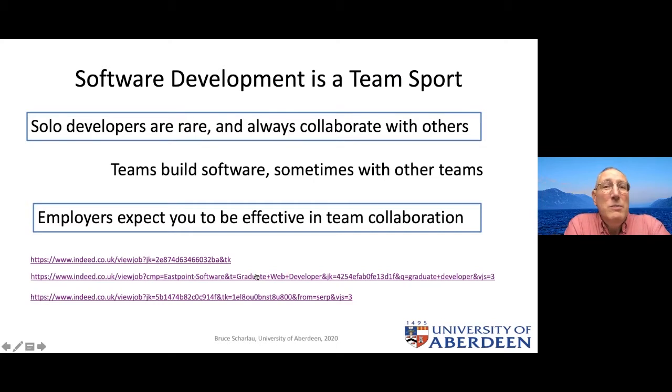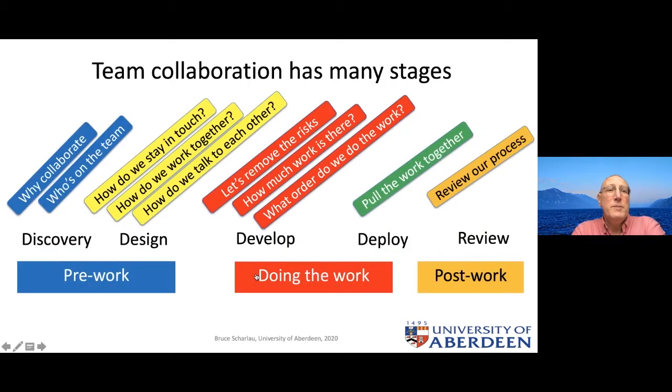So being able to work as part of a team and develop ideas as part of a team is crucial to your future. And part of that is the stuff in red, and the red and the green. The things where you're doing the work are the things you immediately think of.